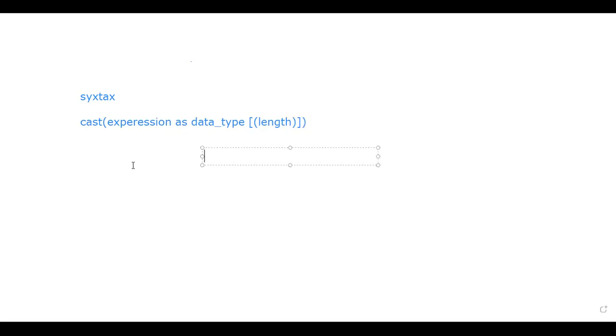Expression. What is an expression? Expression is the query, such as an ID column or some other column, which you are going to cast as a varchar, for example.